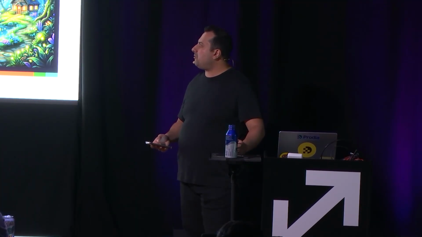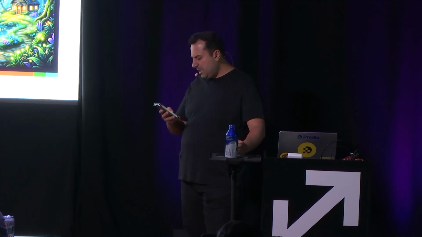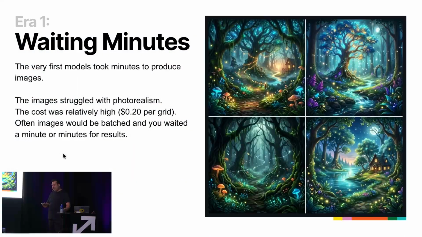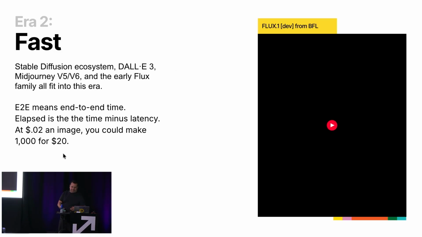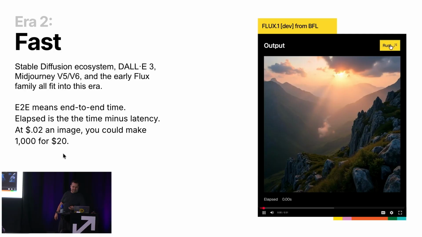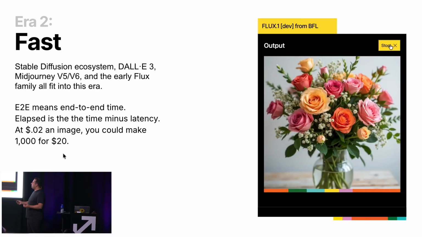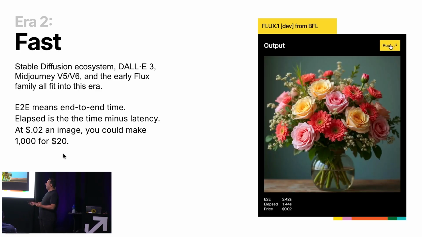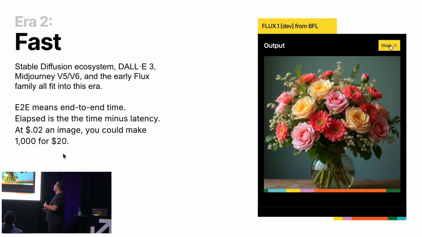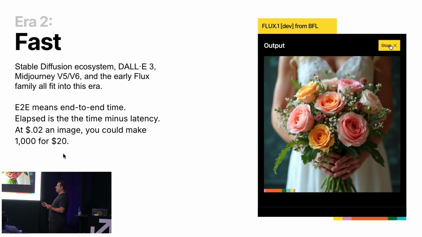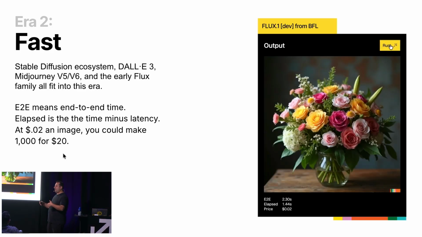The other thing is the cost. This is roughly 20 cents per grid. It was not cheap, and it wasn't easy. Then we enter the next era. We start to get faster. This is Stable Diffusion, Midjourney v5, v6, and you have an order of magnitude drop in cost, and now you get into, I don't have to create an image, go get a coffee, and go do something else.